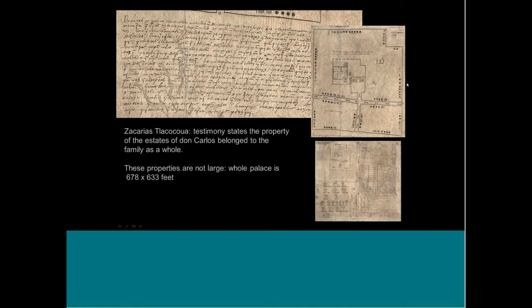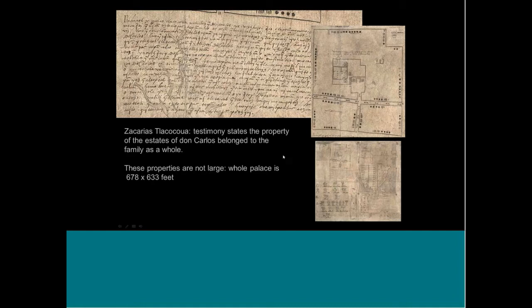So it's not very difficult to reconstruct the actual sizes of the properties from the measurements themselves. The surveys are in Nahua units, which are easily convertible to feet and standard units now. But this entire property is about 678 by 633 feet. So not a gigantic palace by any stretch of the imagination.